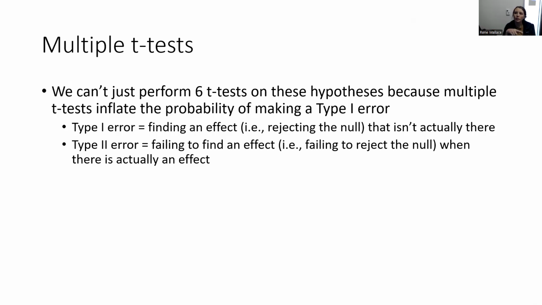Whereas type 2 error is when we don't find an effect that was there. So if we failed to reject the null, but there was actually an effect. So those are type 1 and type 2 errors, and we don't want to commit either of them. And so when we're conducting multiple t-tests, doing an ANOVA lessens the probability that we would conduct type 1 error.